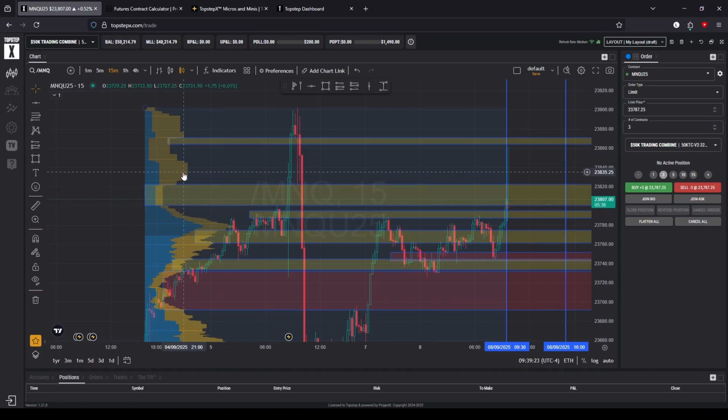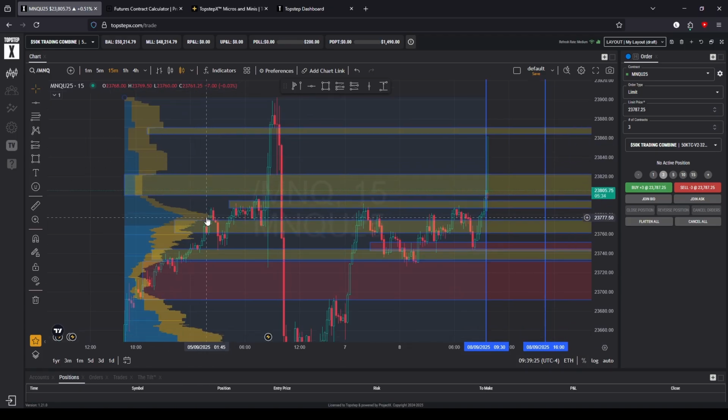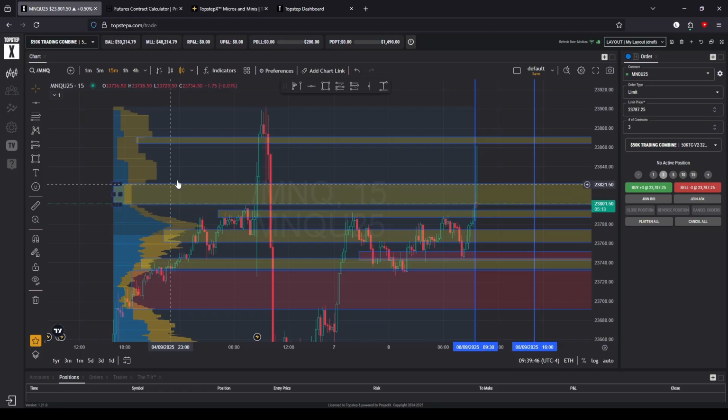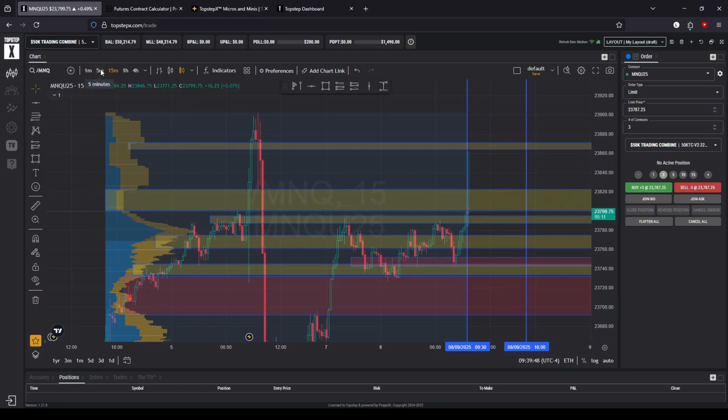Around these areas, I think they're good targets for taking profit, and usually if it breaks through the low volume area, the price will reject off of the high volume area as well, but not always. So I'd rather just use the low volume area for take profit and stop loss.